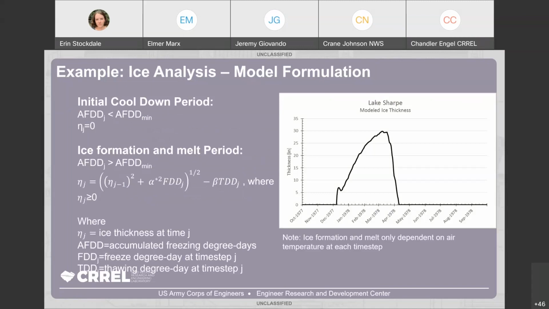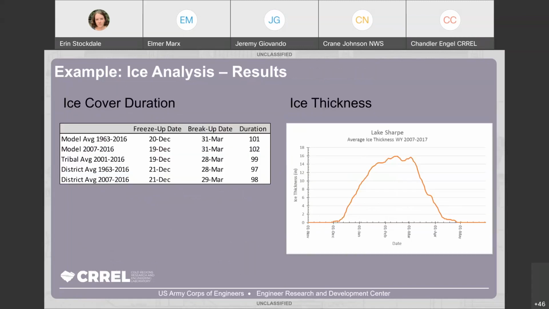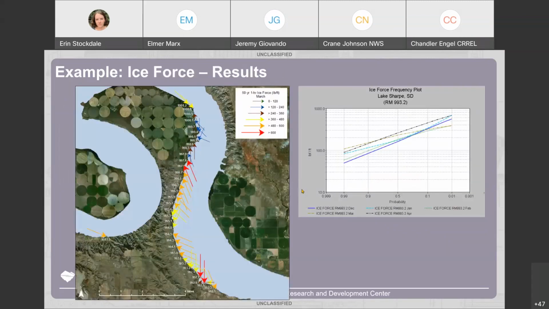We've done this before, and so what we did, not to belabor this too much, was essentially use the Stefan equation to look at what the average ice thickness is. Based on that average ice thickness, we came up with what we would say a duration thickness analysis would be for this particular water body. And then from that, we did a force analysis.